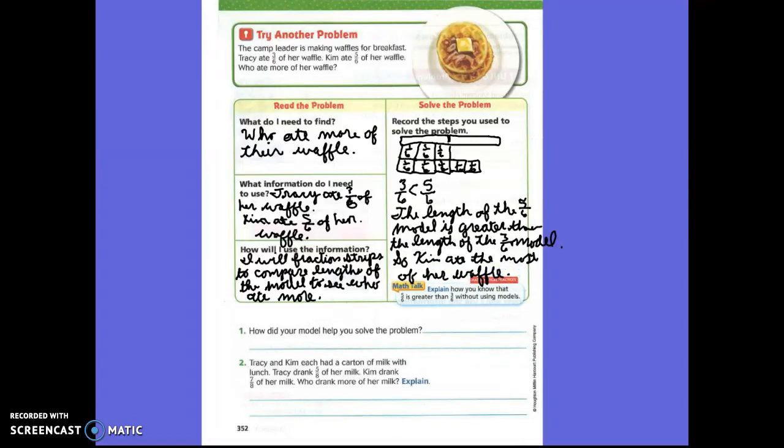Okay, boys and girls, how did our models, which are our fraction strips, help us solve this problem? Tyson?